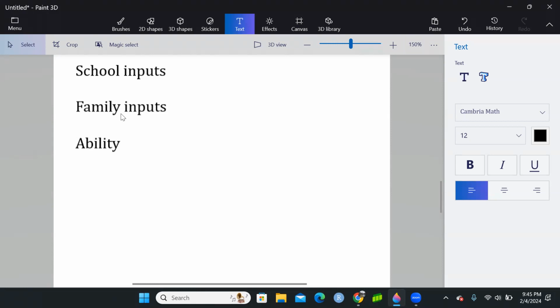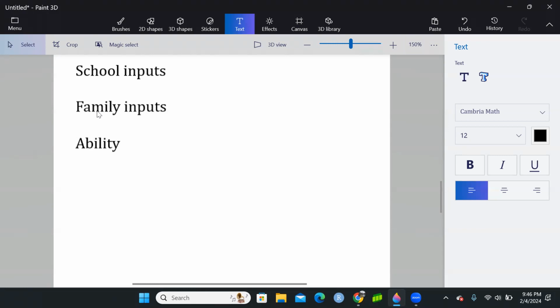There are any number of variables that can tell us a little bit about what the family comes through, things like what family the student comes from, what kind of environment the student is being raised in, and it's pretty easy to see why that would have a large impact on the outcome of students.